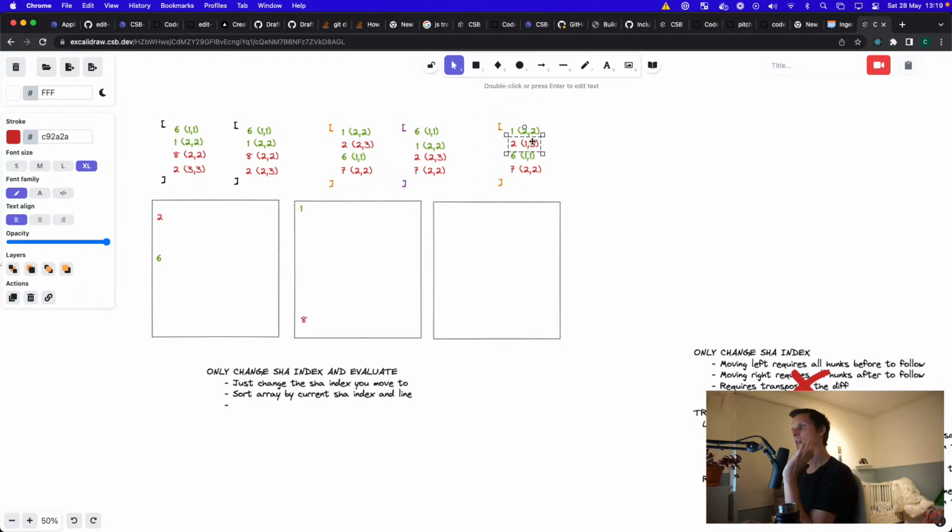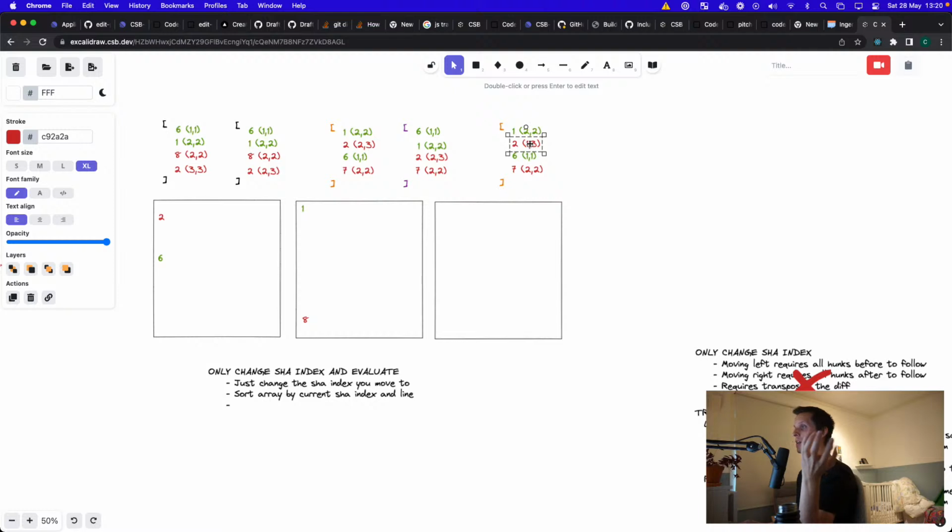So this is what I'm thinking about. We want this SHA-2 to become 1. And how can we make it 1? What we could do is take the same array, and filter it on what lines are before this 2 and SHAs before its origin.